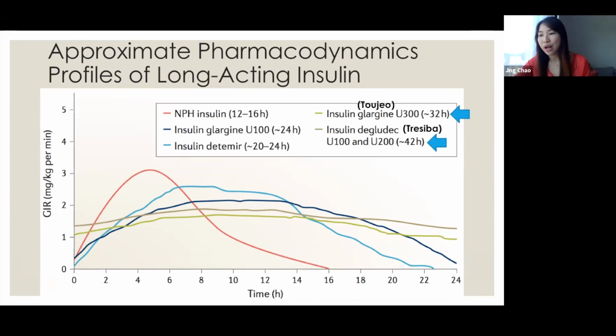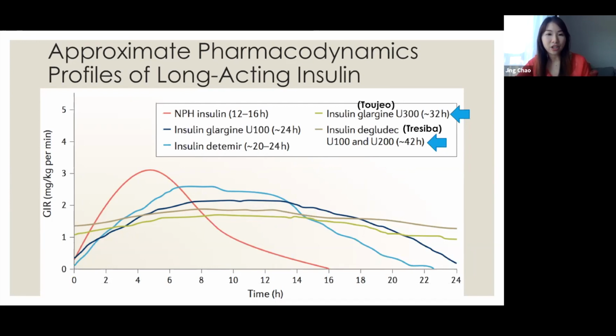And then also insulin degludec, better known as Tresiba, available as both U100 and U200. This lasts 36 to 42 hours. There has been an insufficient amount of evidence to demonstrate their safety and glycemic control for inpatient use at this time. But Tresiba degludec has been shown to lead to significantly fewer episodes of hypoglycemia, both nocturnally and throughout the entire day, compared to glargine.